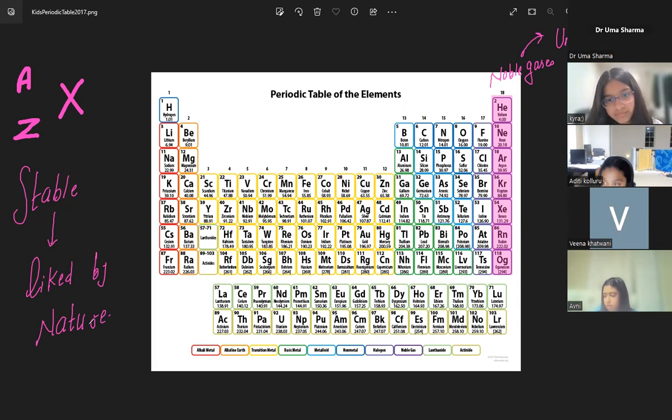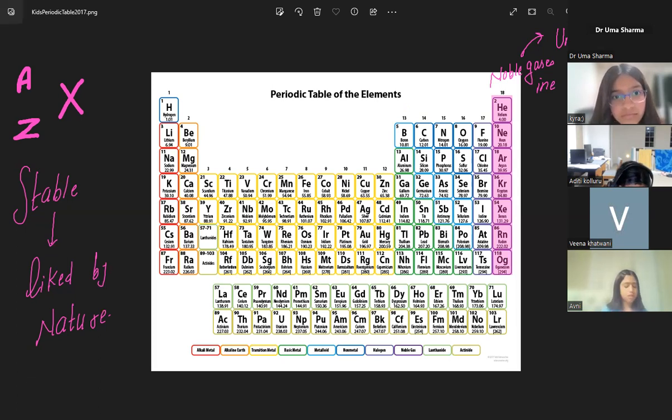I said these are the gases which are very stable. Noble gases. They are also called inert gases. Aditi, inert gases. One second, children. Let me put it here. Like this.